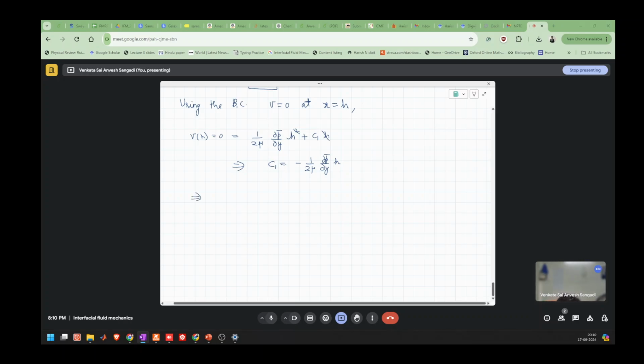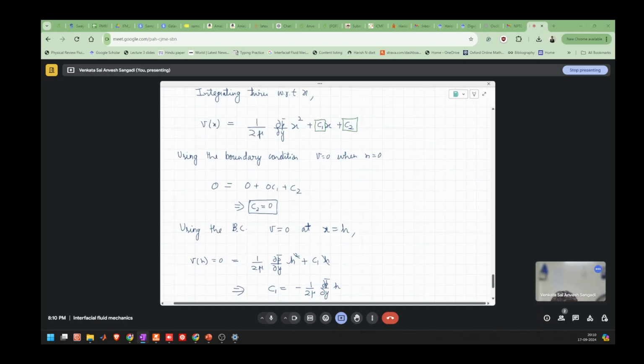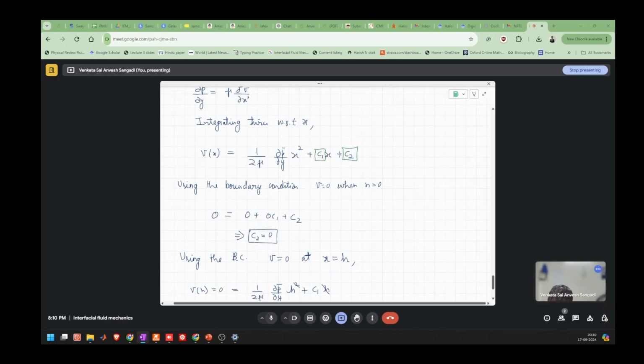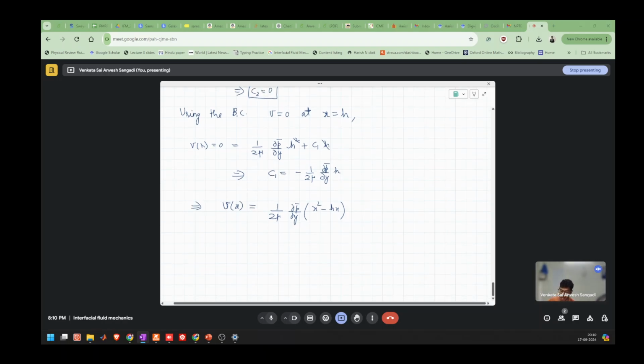This implies v of x is equal to 1 by 2 mu dp bar by dy into x square minus hx.